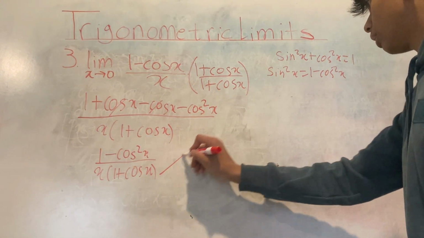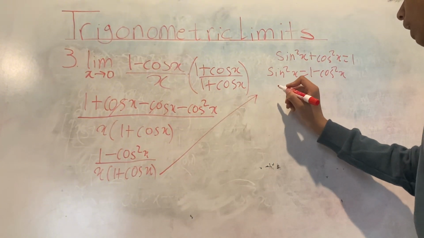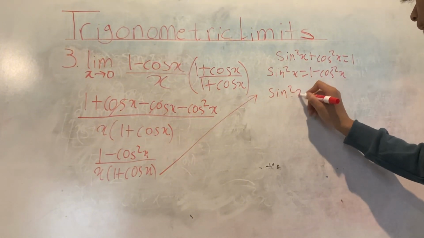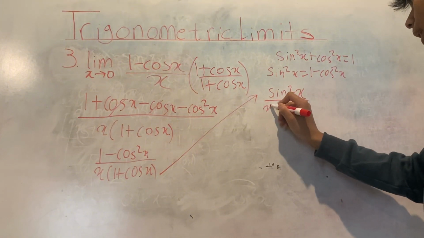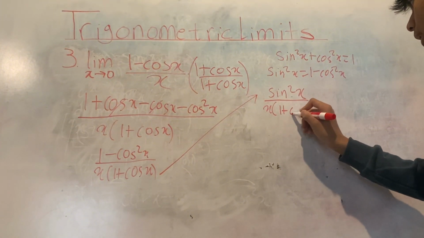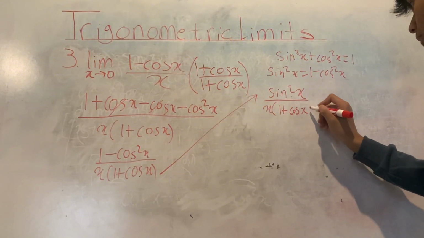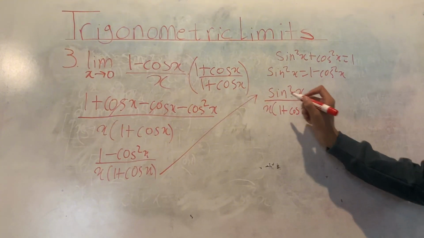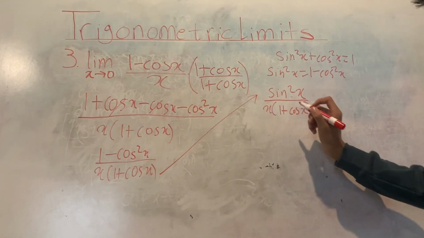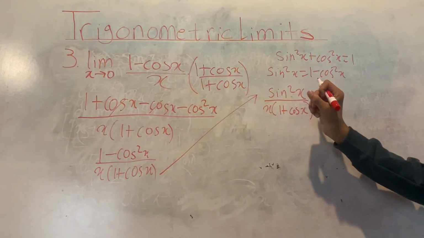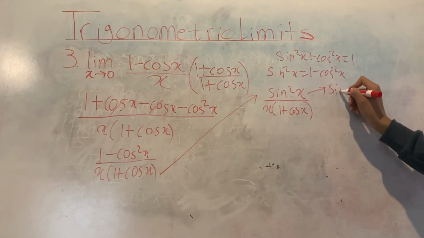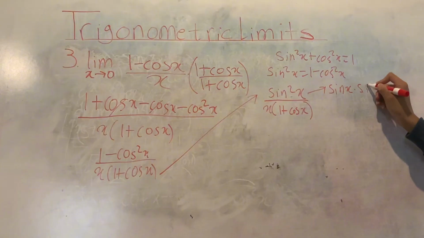So if we go over here, we have sine squared x over x times 1 plus cosine x. So here there's really two sine x's. So this is really just sine x times sine x.